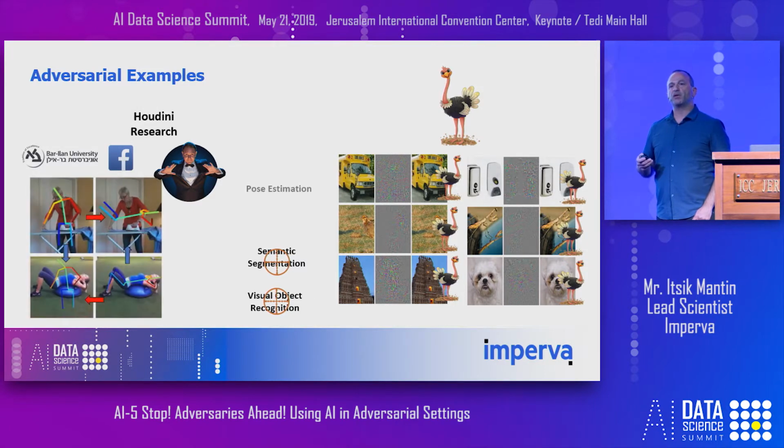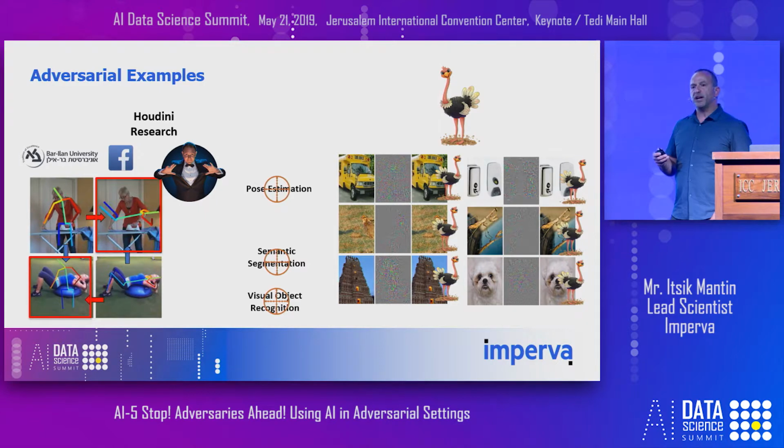Two years ago, research by Bar-Ilan University and Facebook created a framework they called Houdini, which was designed exactly to do that. The example of the minion came from this research. And they did the same for pose estimation AI. The image that you see in the top right is a variant of the image in the top left, which adds an invisible noise.